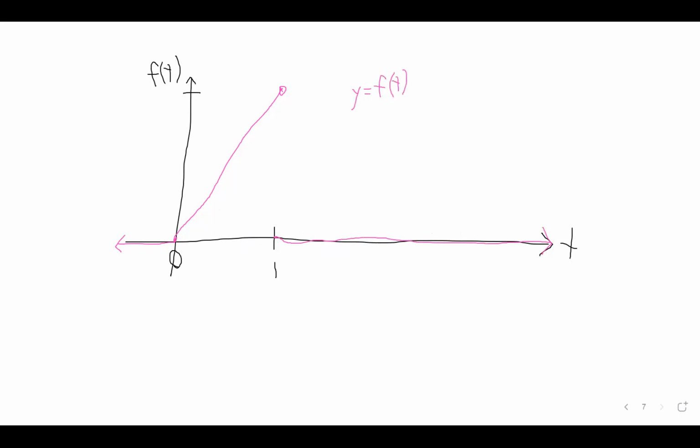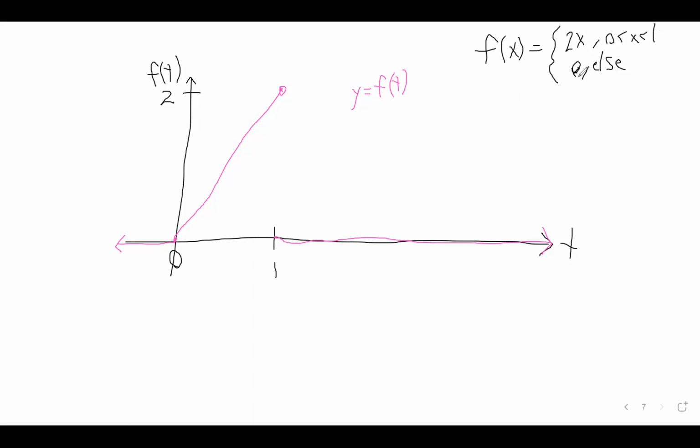This is a line segment from the origin to the point (1, 2), and that's because the graph of f of x is equal to 2x for 0 less than x less than 1 and 0 elsewhere.